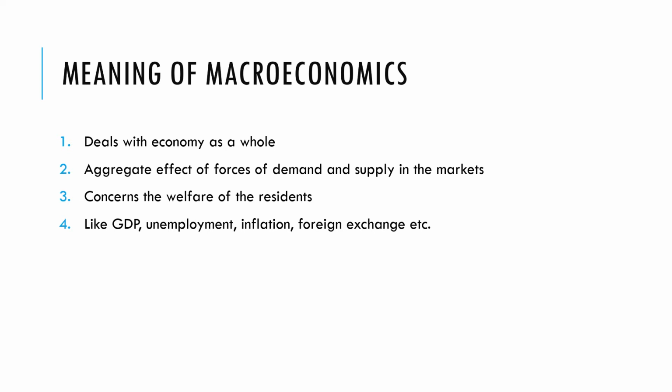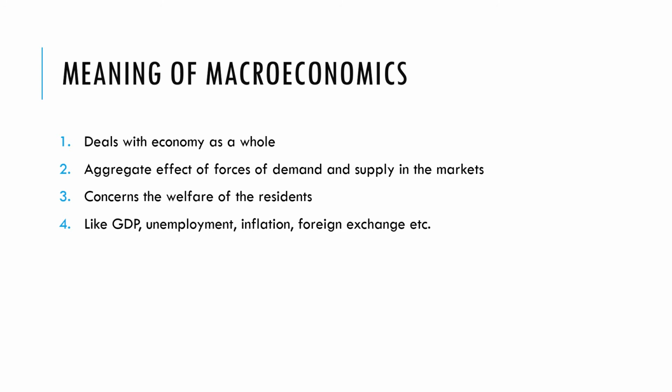This is generally taken care of by the government and financial institutions like the RBI. The fourth point deals with the various economic factors like GDP, unemployment, interest rate, balance of payment positions that are encompassed by the study of macroeconomics.